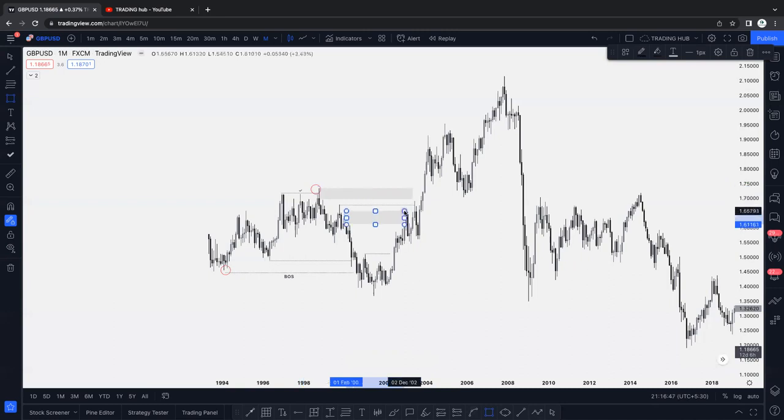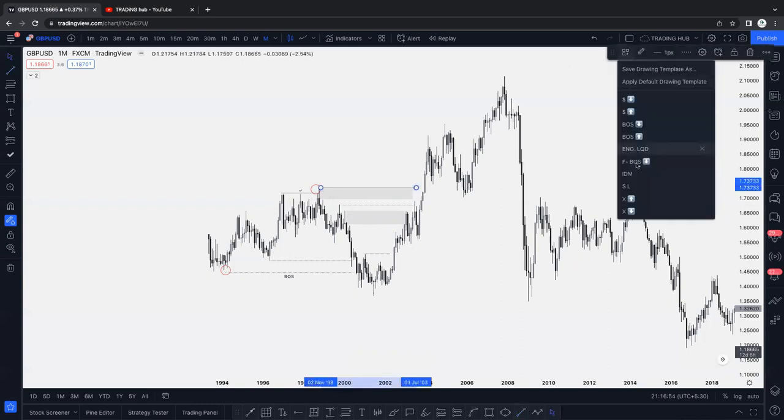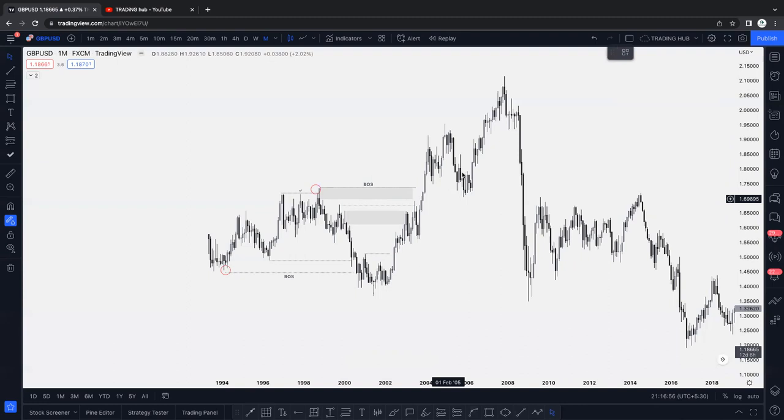And here, then market broke this structure, and this one is called break of structure, and market again pushed upside, and this one is our major low.